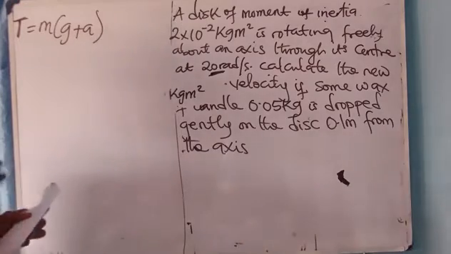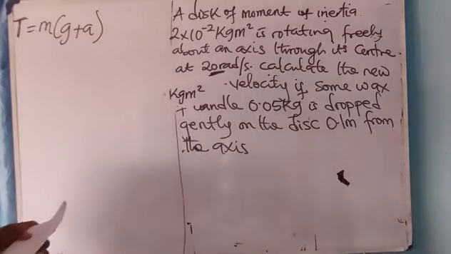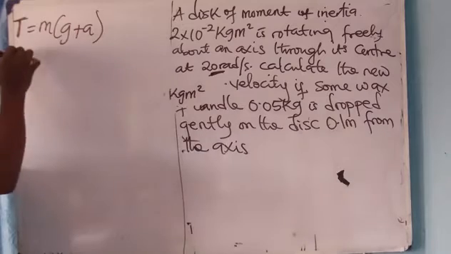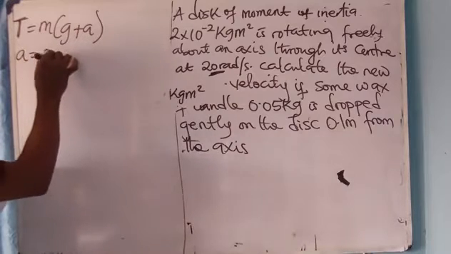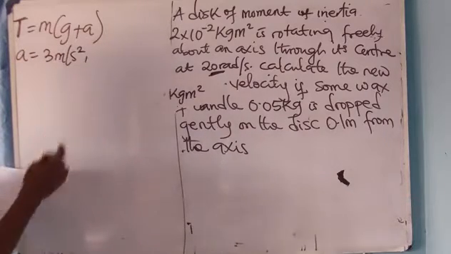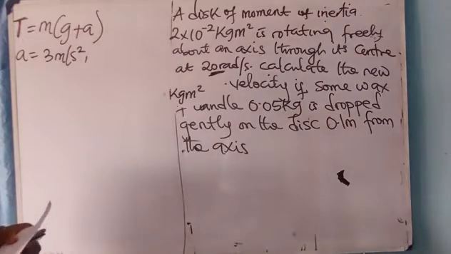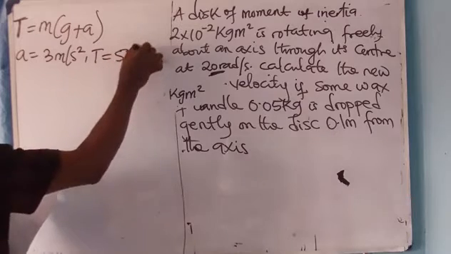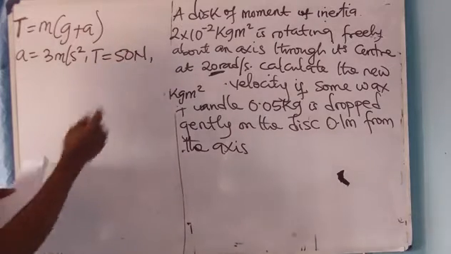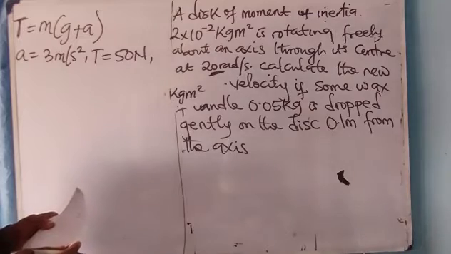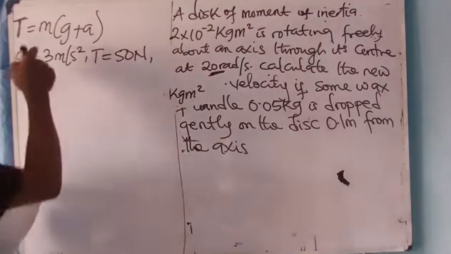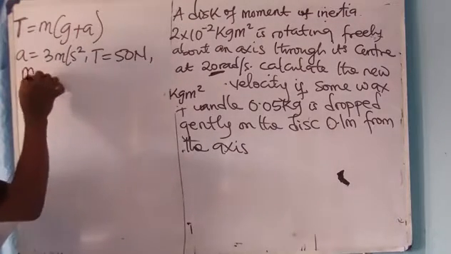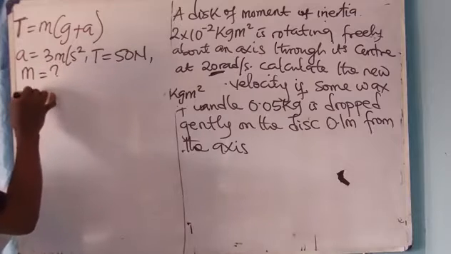If the elevator has an upward acceleration of 3, which means that acceleration is 3 meters per second squared, and the balance reads 500 Newton, which means the tension is 500 Newton. What is the true weight of the body? Which means that we're calculating for the mass. We don't know. So T is equals what?